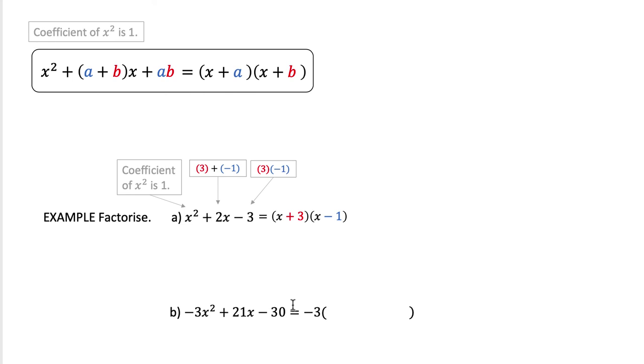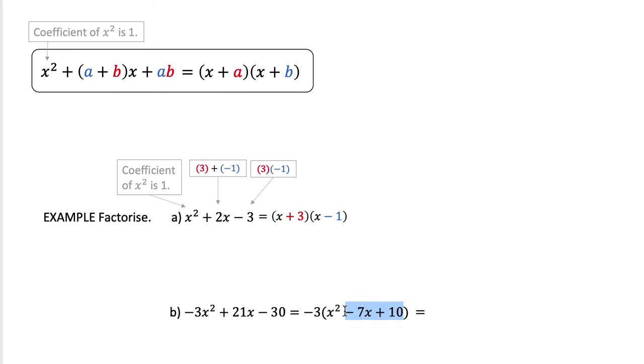So negative 3 in front of the brackets, and then we'll think what times negative 3 is negative 3x squared? Well, it's x squared. What times negative 3 is positive 21x? Well, negative 7 times negative 3 is positive 21, and the x from here. Then what times negative 3 is negative 30? Well, positive 10 times negative 3 is negative 30.